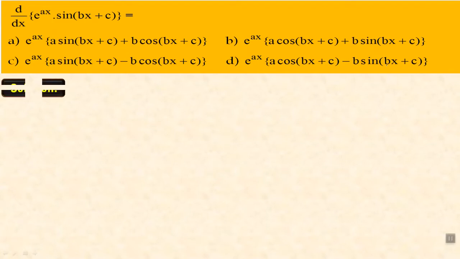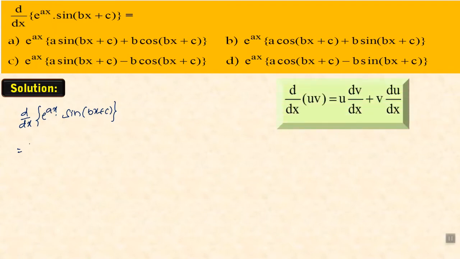Let us find this. D by dx of e power ax into sine of bx plus c is equals to, it is in the form of d by dx of uv. Here consider e power ax as u, sine of bx plus c as v.